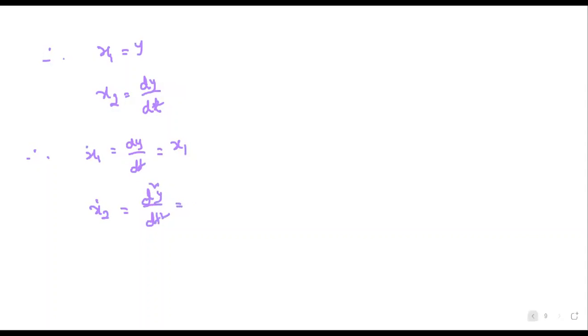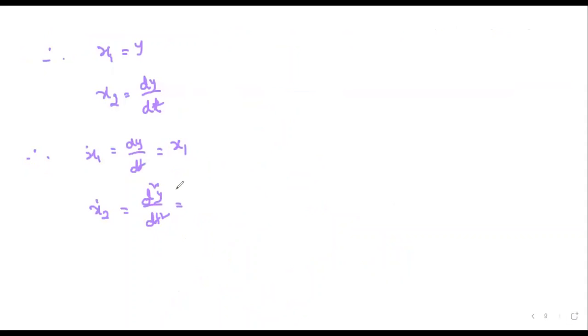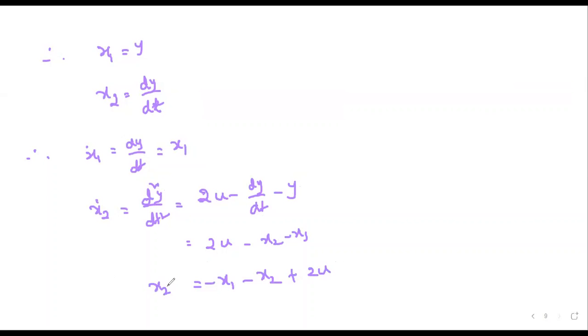From the first equation, we can write d square y by dt square is equal to 2u minus dy by dt minus y. Here y is equal to x1, so minus x1, and this is x2. So in order, it is minus x1 minus x2 plus 2u. Okay, this is x2 dot.